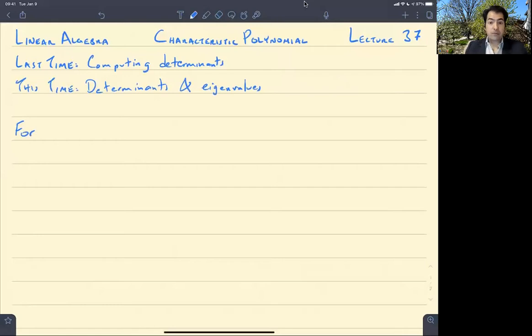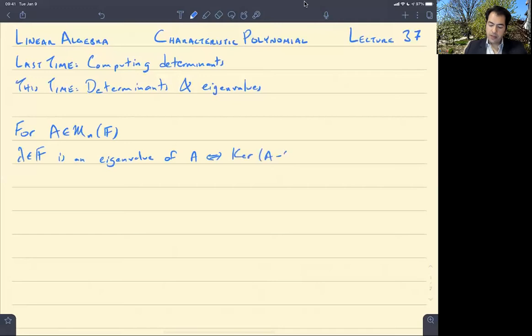Part of the answer is immediate from some of the things we did last time. Namely, if you have an n by n matrix A with coefficients in the field F, then we know that lambda in the field is an eigenvalue of A if and only if the kernel of A minus lambda times the identity is not just the zero vector, which is the same as saying that A minus lambda times the identity is singular, not invertible.